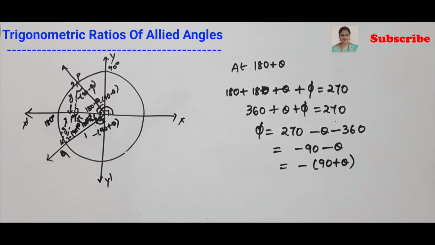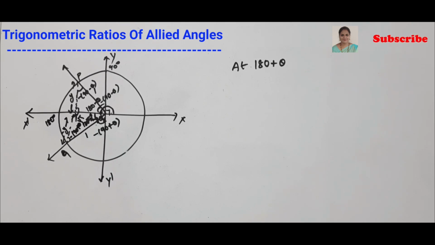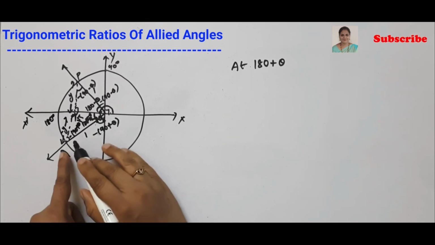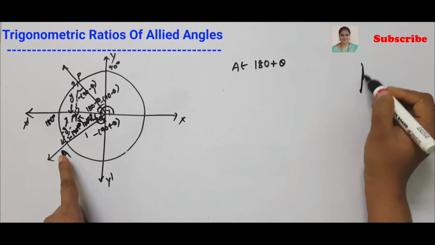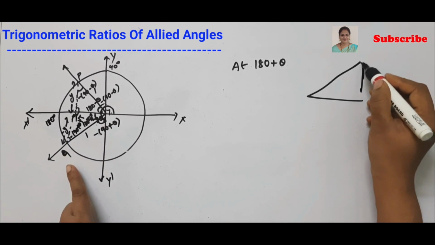We got three angles and the lengths of three sides, so we can easily calculate the trigonometric ratios as we did for 180 minus theta. Similarly, we have to do for 180 plus theta also. Let us first draw the rough diagram of this triangle.